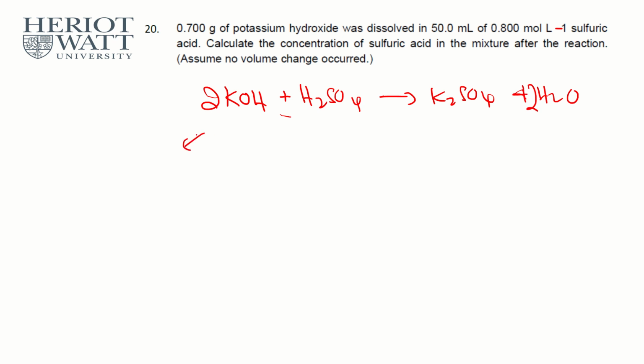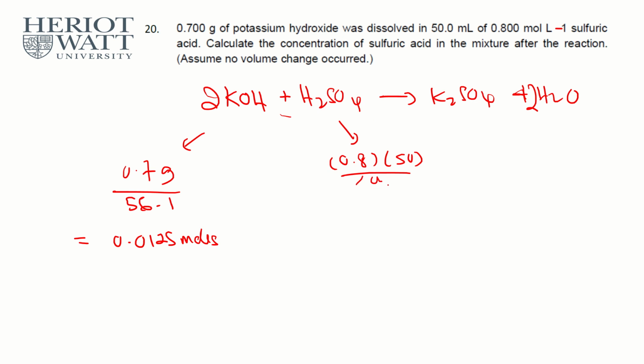Next, we're going to calculate the mole for each of the reactants. 0.7 grams over the molar mass, 56.1, you will get 0.0125 moles. For sulfuric acid, 0.8 multiplied with 50 over 1000, you will have 0.04 moles.